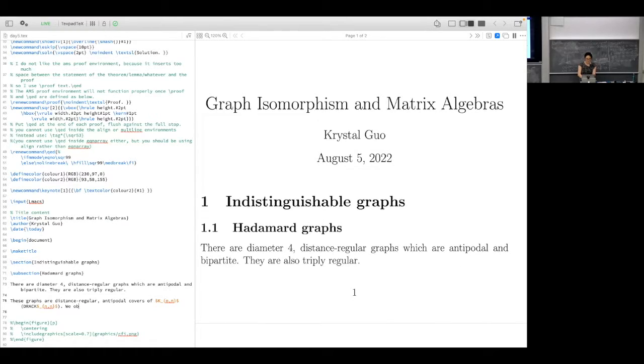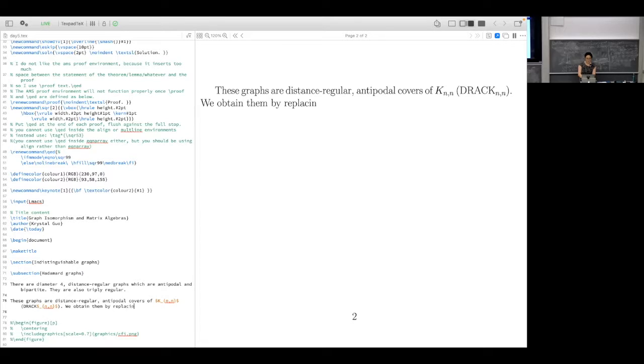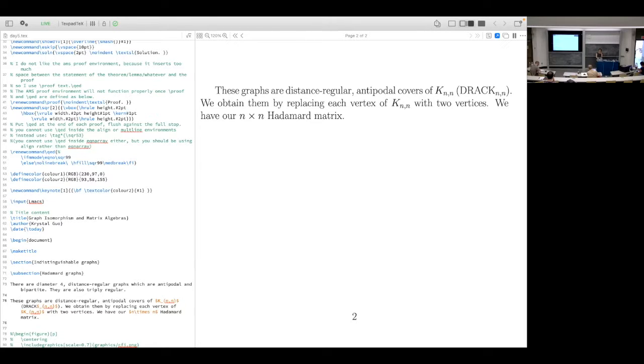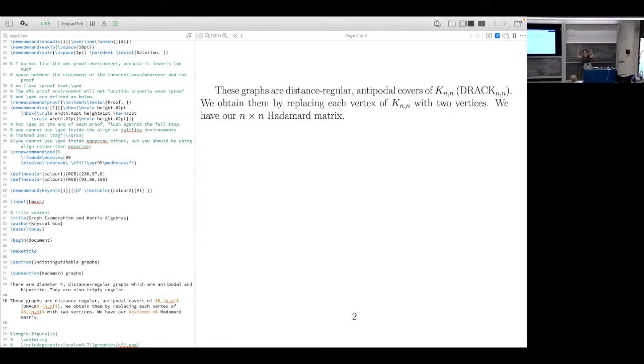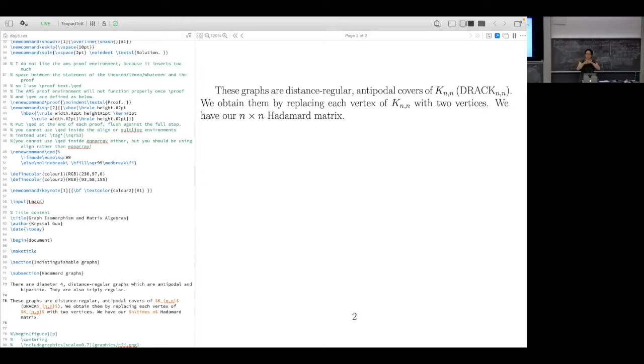Then we have our Hadamard matrix, and for each pair of vertices, one on the left side of K_{N,N} and one on the right side, you have four vertices, row vertices and column vertices.